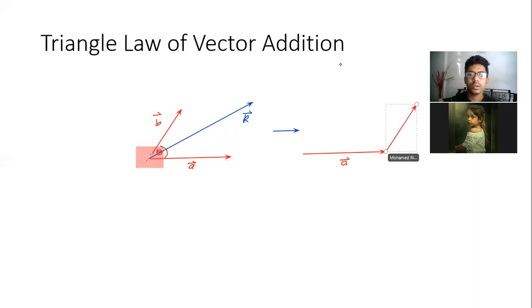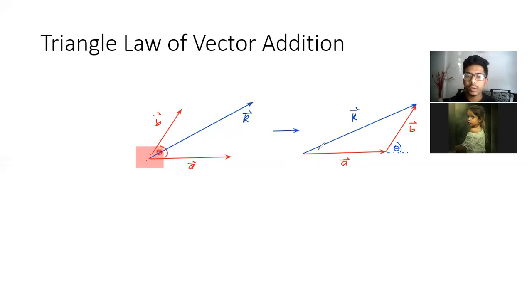Then I'm going to construct the third side by drawing a line from the starting point to the ending point. This one will give the resultant R. Keep in mind this angle is theta, and this is vector B. So you take one vector here, and from the ending point you take the other vector.